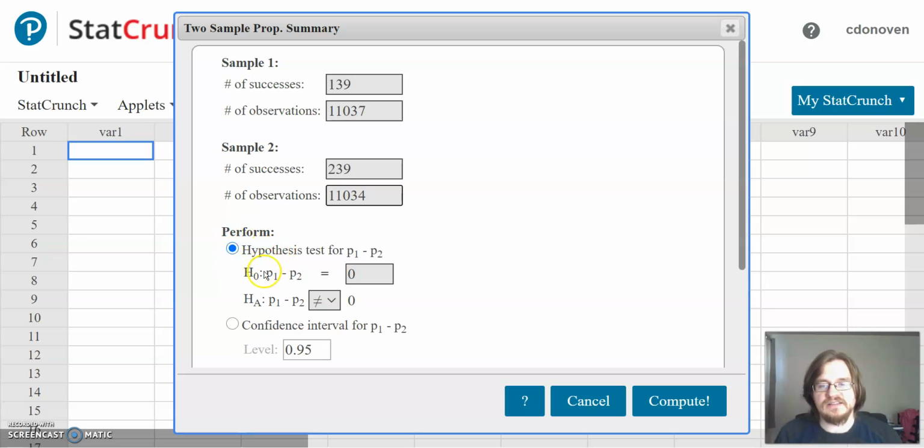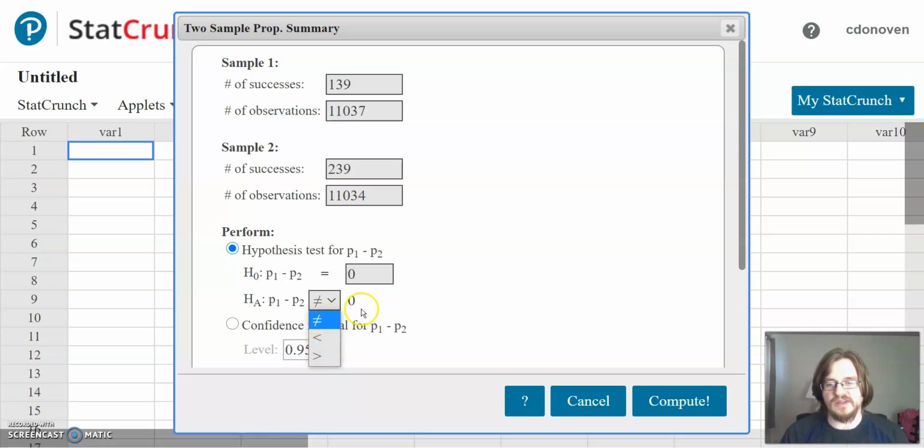Our hypothesis test, our null hypothesis, was when P1 is equal to P2. But if P1 and P2 are equal, that means that their difference is 0. This is just the way that they write it here. And our alternative hypothesis would be that P1 is less than P2.